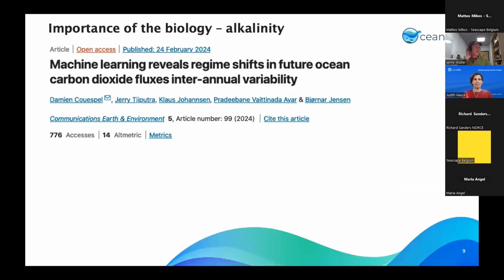To discuss that point, I'd like to present 3 different pieces of evidence, and these look at different scales and also different approaches. The first one is a machine learning approach, where they took a whole bunch of CMIP6 models, the model runs that were used for this latest IPCC report.